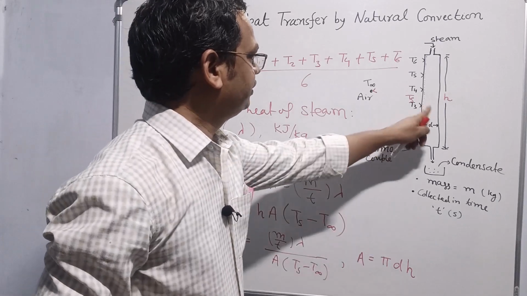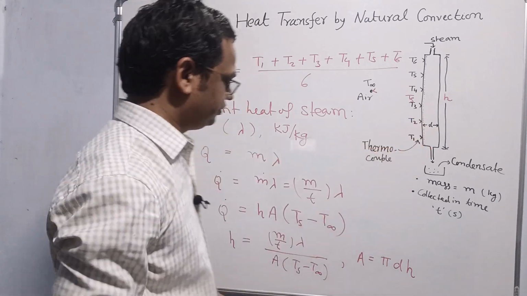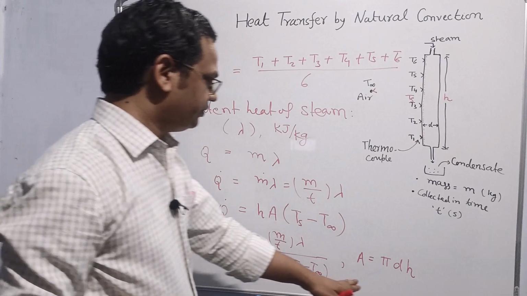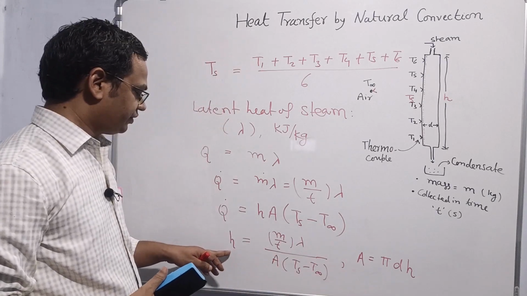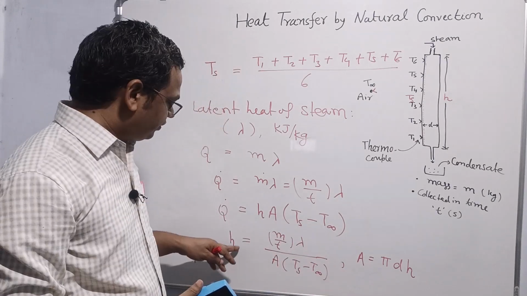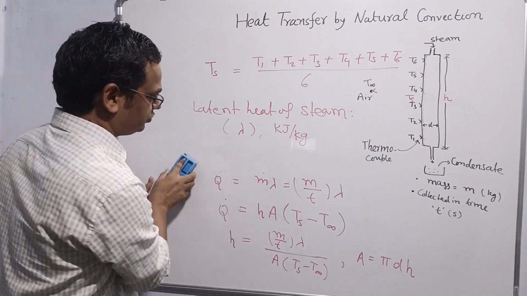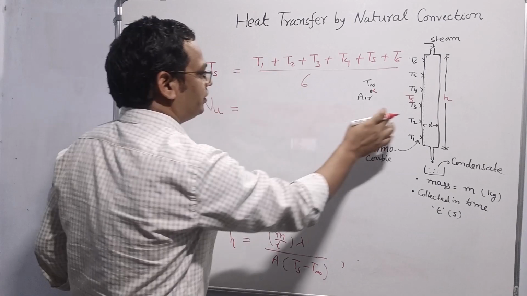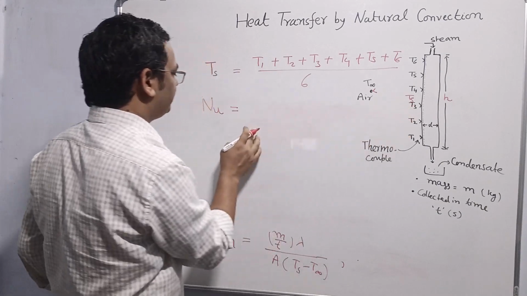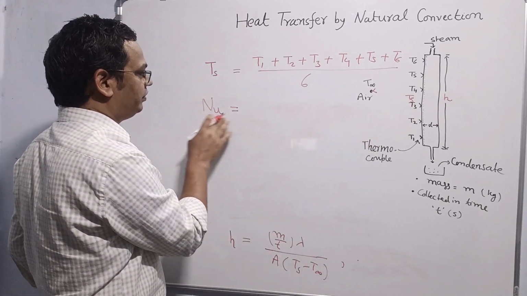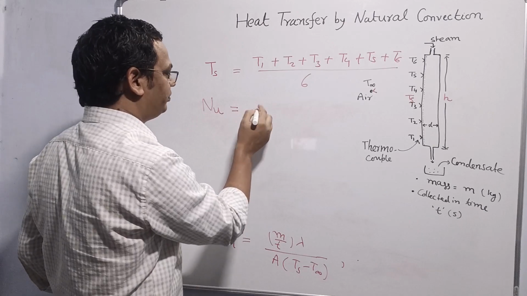D is the diameter of the tube. So all values we know, therefore we can find heat transfer coefficient from the experiment. Now we will compare this value to the theoretical value. For natural convection, we have a correlation between Nusselt number, Prandtl number and Grashof number.